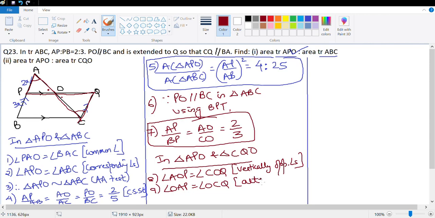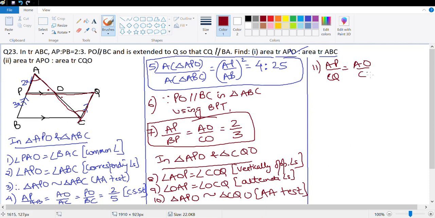These are alternate angles, which means triangle APO is similar to triangle CQO by AA test, which means I will have AP upon CQ is equal to AO upon CO is equal to PO upon QO, which is equal to 2 upon 3. This is from 7 and this is CSST.